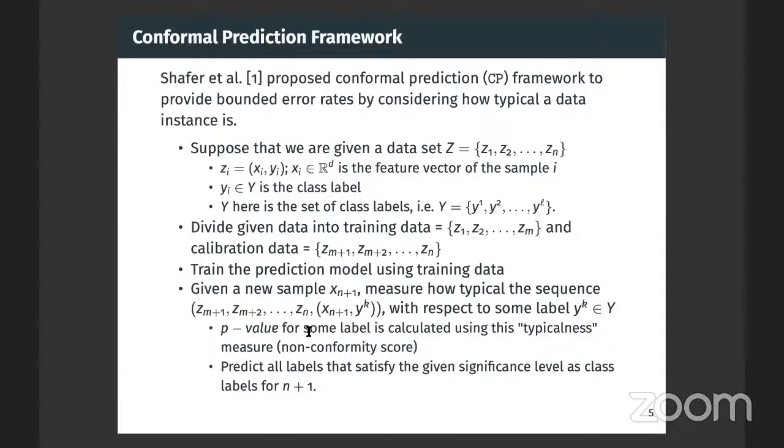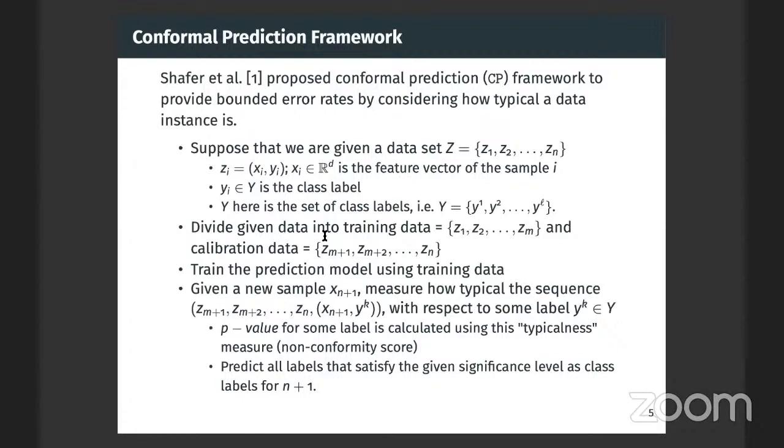We use the training data to train our model and test our model and all that. Then we use the calibration data to conduct the conformal prediction. Say in this data set, there are L classes an instance can belong to, whether it's a 2-class prediction or 3-class prediction and so on.